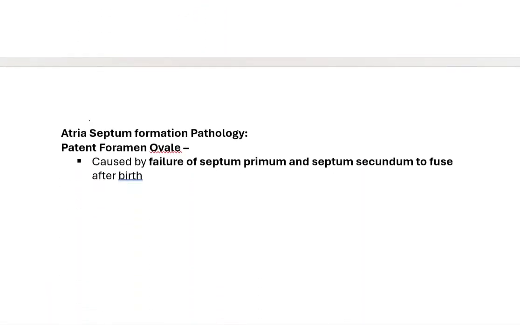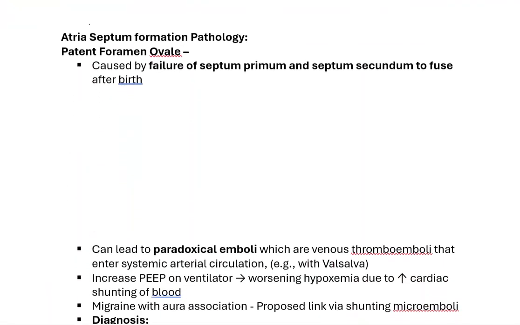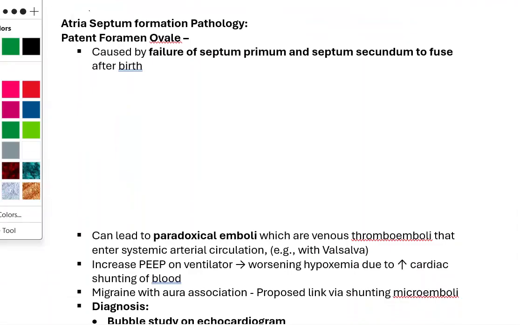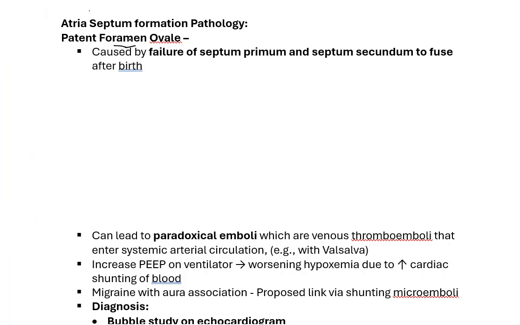So moving on, let's now talk about pathology that could arise as a result of these. The first problem we're going to talk about is patent foramen ovale. Patent foramen ovale is the failure of the septum primum to fuse with the septum secundum after birth.